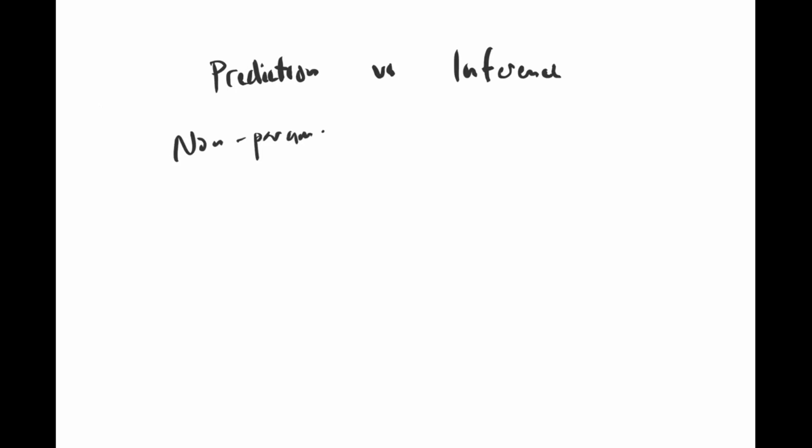Okay, I guess I already sort of touched on the prediction versus inference idea. Oftentimes this is sort of non-parametric approaches on the spectrum of things, going to parametric.